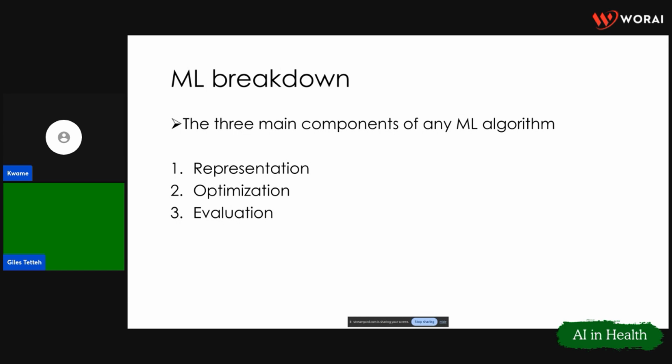Once we have that, then we try to optimize the learning process. And then the third point is evaluation. At some point, we need to evaluate and see whether the learning process is going well or not. So we'll look at each of them a bit more in detail. What does it mean if we say representation? What is optimization? What is evaluation?